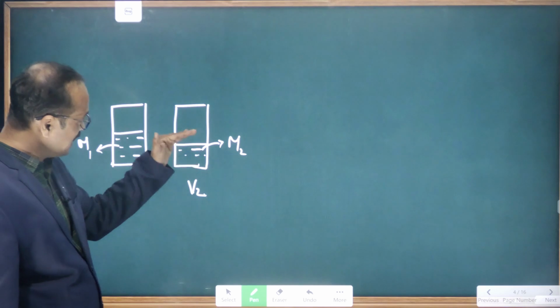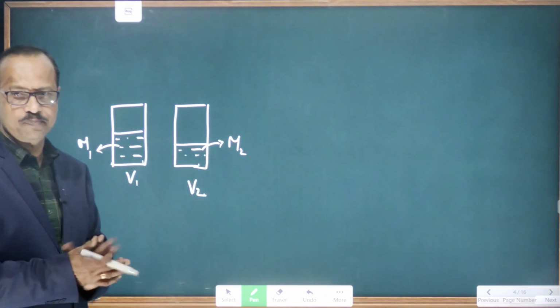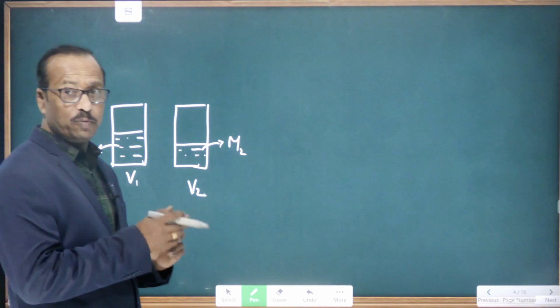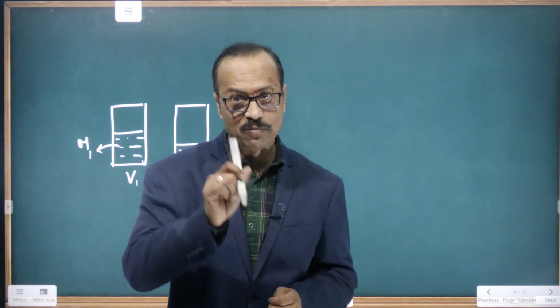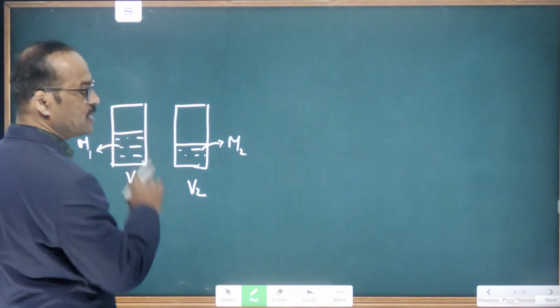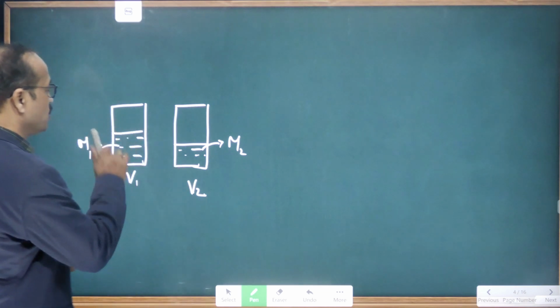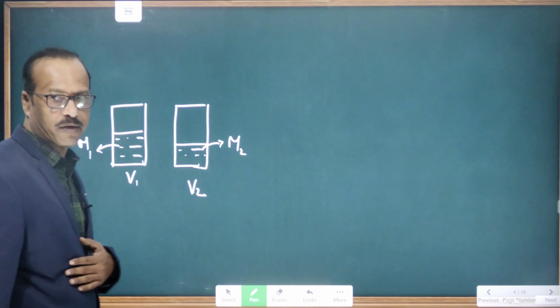Here the volume is V2 and the molarity is M2. Can you see here? This is one solution, and this is another solution. But remember, both are solutions of the same solute. The meaning is what? If it is a salt solution, this also should be a salt solution. If it is a sugar solution, this also should be a sugar solution. So these are solutions of the same type.